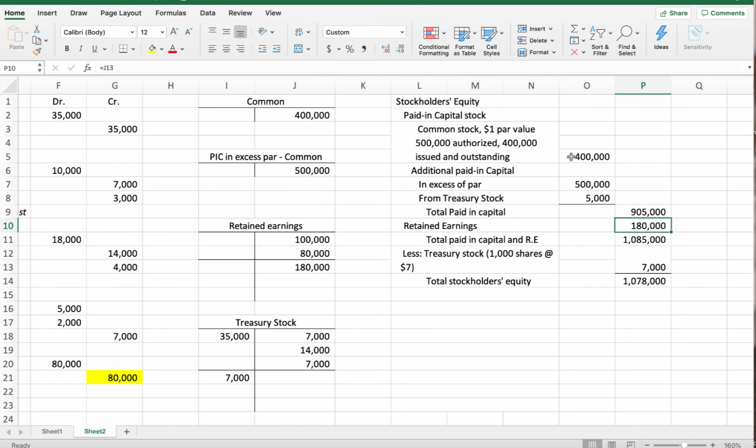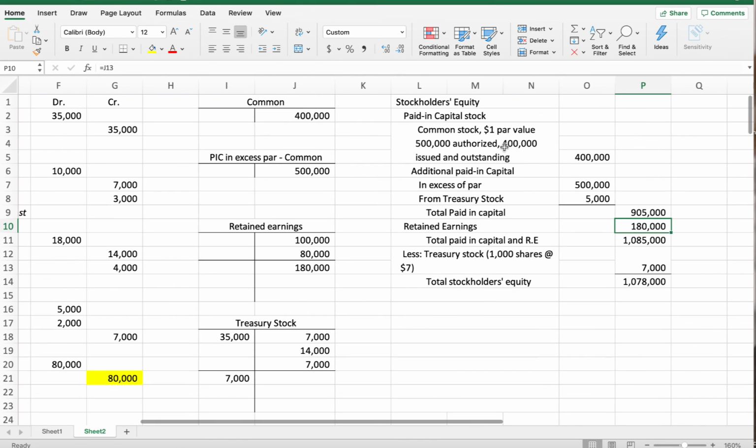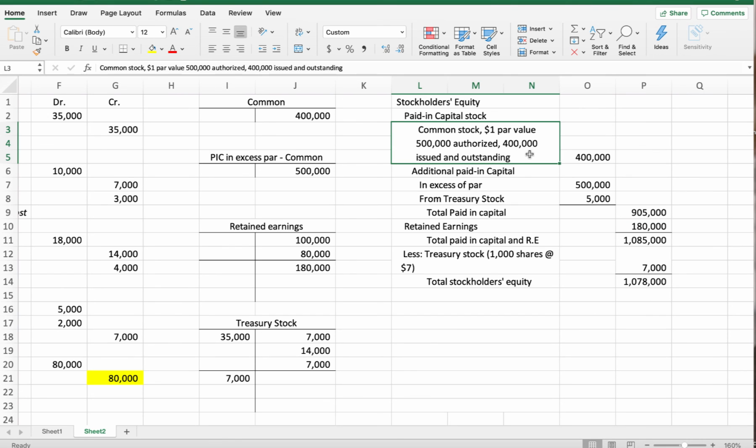Now, I do want to mention one thing here. Okay. We said that we had 5,000 shares authorized. We sold 400,000, right? That's true, but we need to recognize that we bought back a certain number of shares, and we sold a certain number of shares. Okay, so we need to adjust our issued and outstanding shares, right?